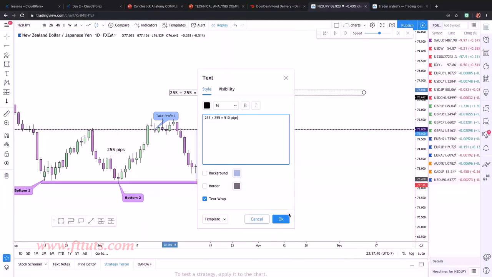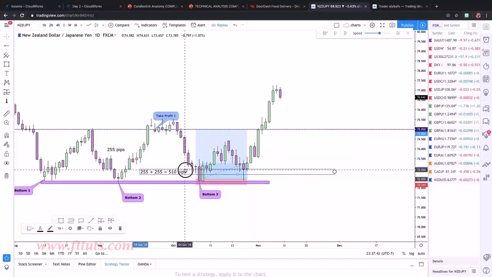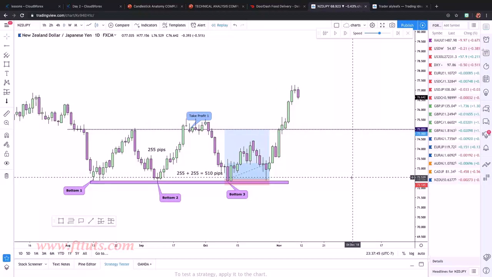So a total of 510 pips were those both moves.